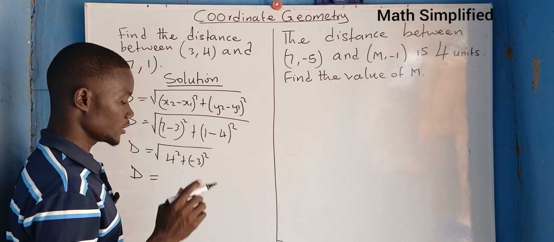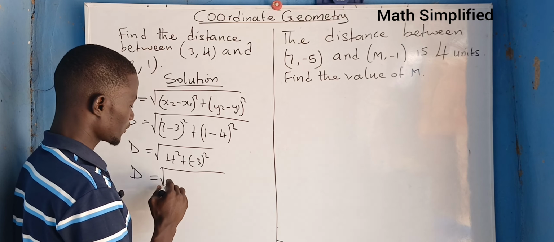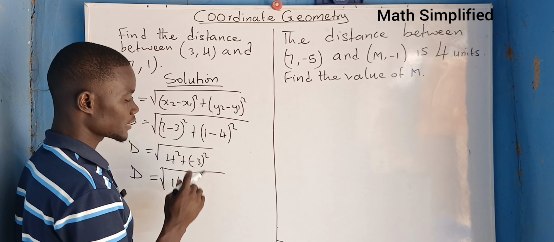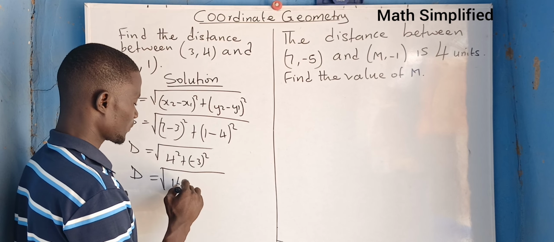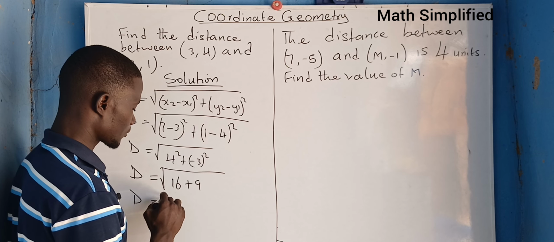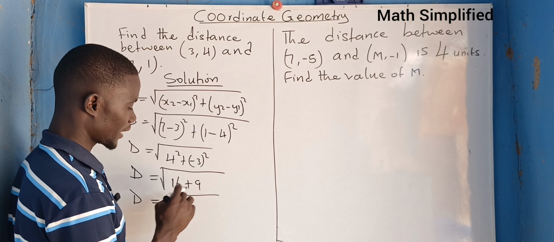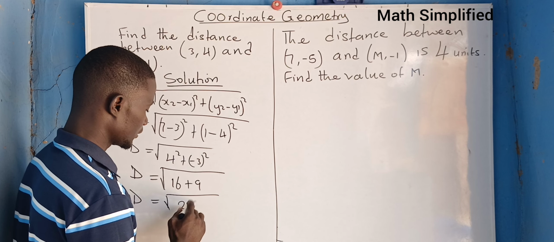Now we can proceed again by saying that d, which is the distance, equals the square root of 4 squared, which gives 16, plus negative 3 squared, which gives positive 9. 16 plus 9 will give us 25.